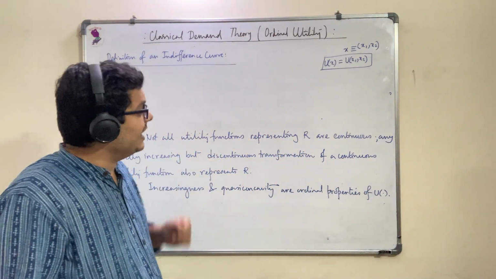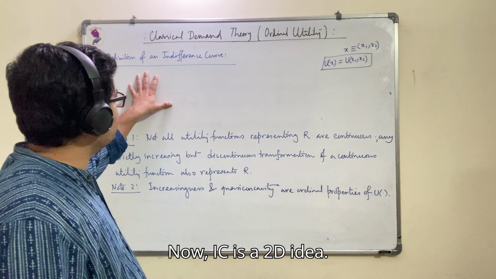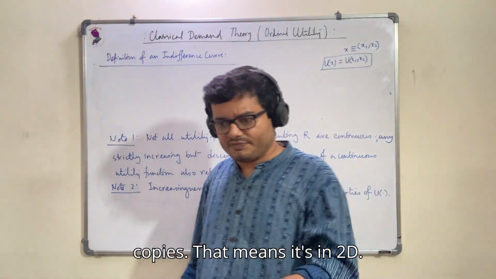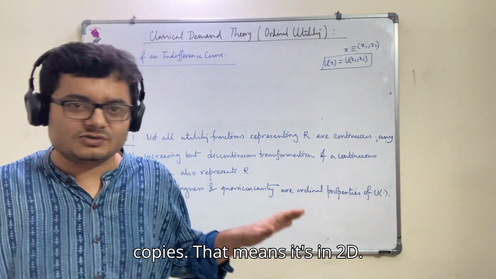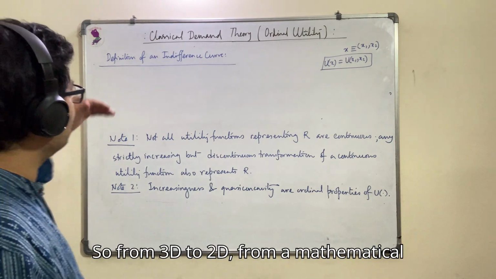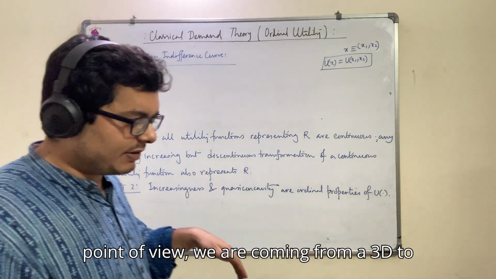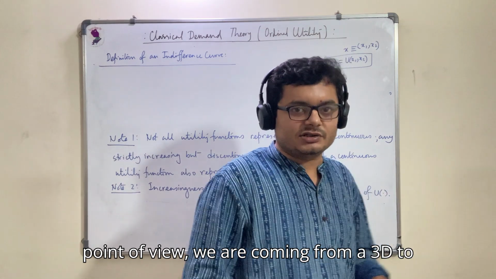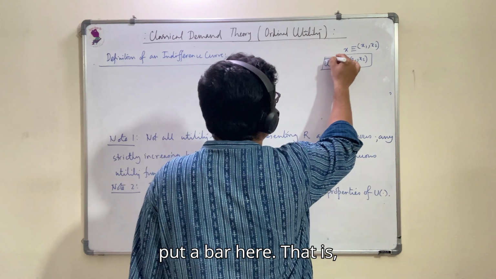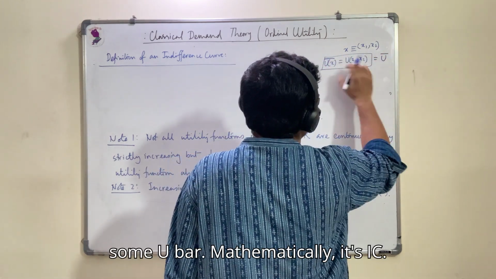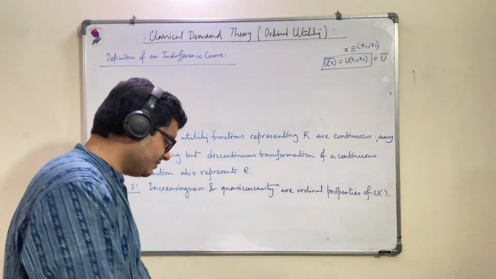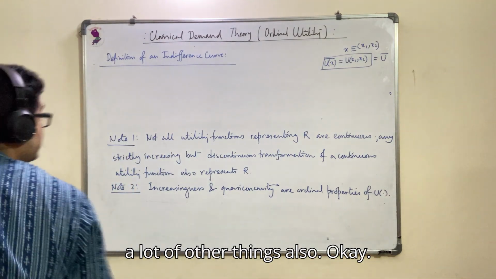Now IC is a 2D idea. You have drawn IC on your copies, that means it's in 2D, otherwise how can you draw it? From a mathematical point of view, we are coming from 3D to 2D, and it's very simple: just put a bar here, some U bar. Mathematically, it's IC. In terms of economics, we say a lot of other things also.